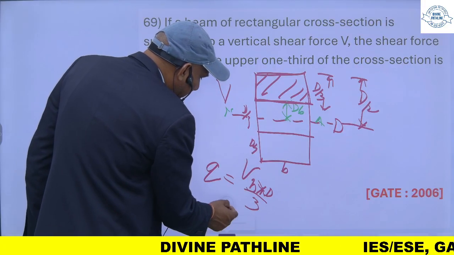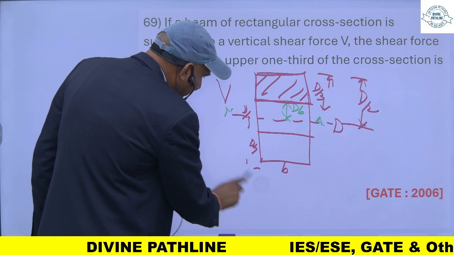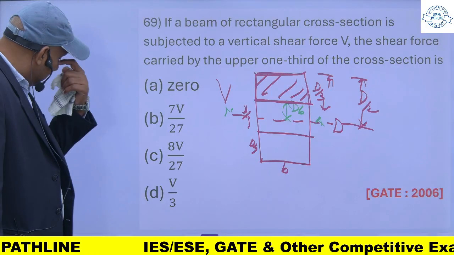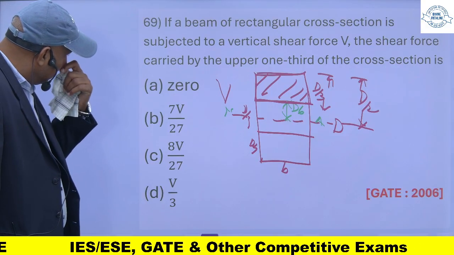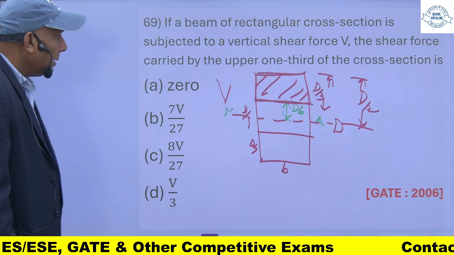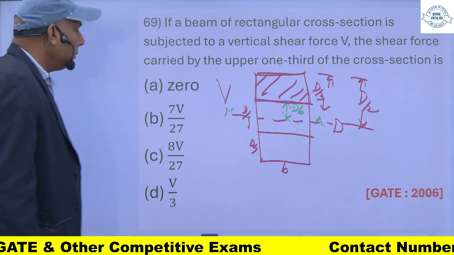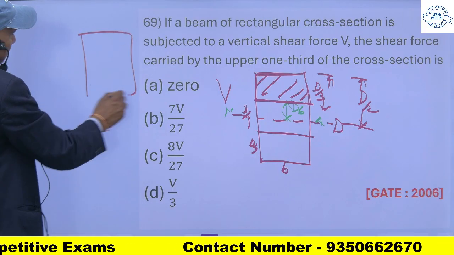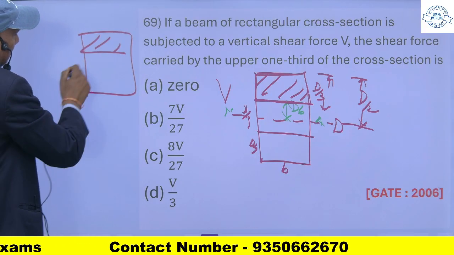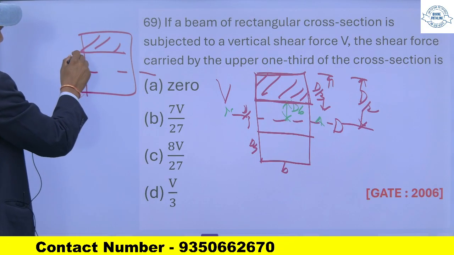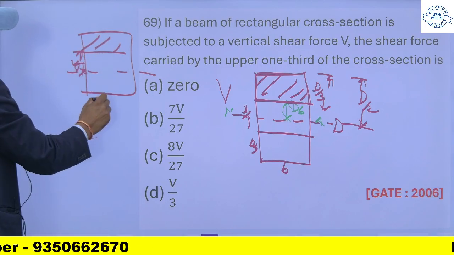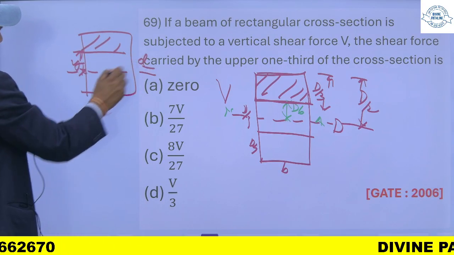So for this, first let us derive this one. Let this distance be y from the neutral axis. So q, this is b and this is d.